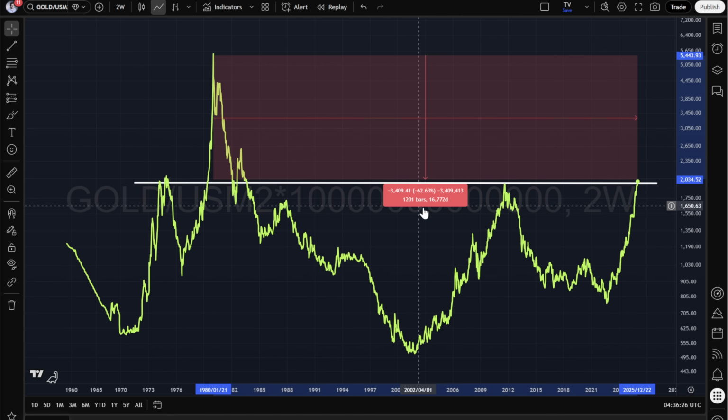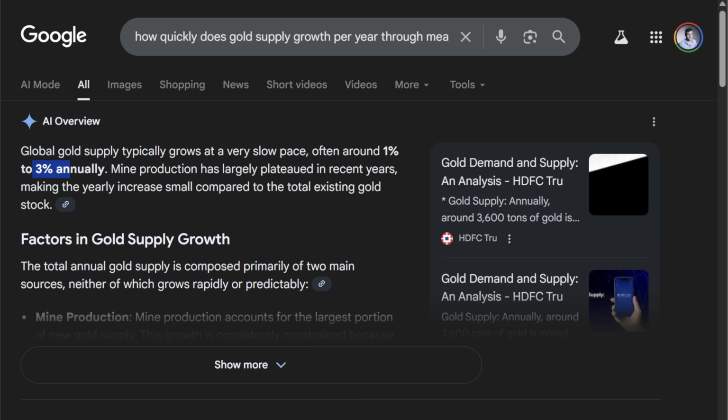Again, remember those 62% underperformance. How much does gold expand per year? There are companies specialized in gold mining. And while this is the quick answer that I got through AI, this is also what I read about in the past in various articles. The gold supply grows by roughly 2% per annum.